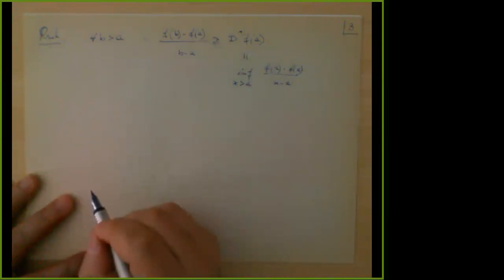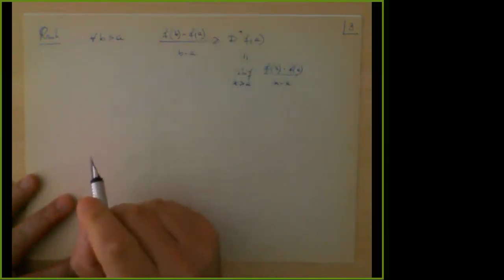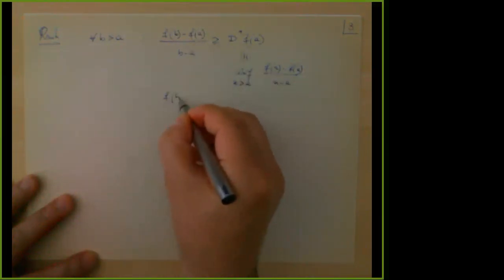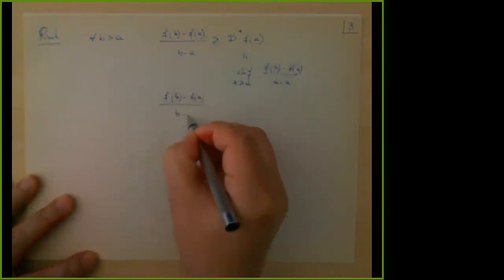It's very easy. Then if you look at what happens for d minus, you would also get an upper bound, so you would have that f of b minus f of a over b minus a is bounded by d minus f at b. So we gave a lower bound, and we can give an upper bound.